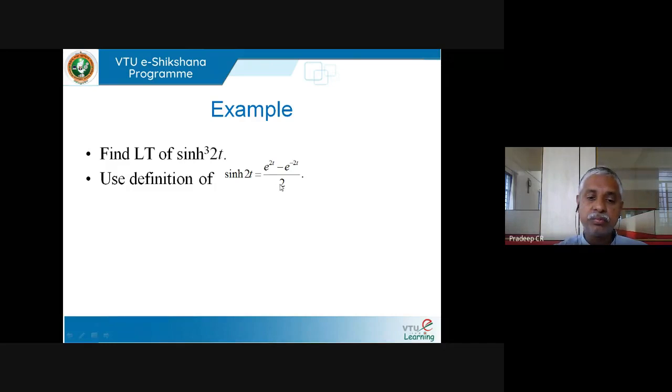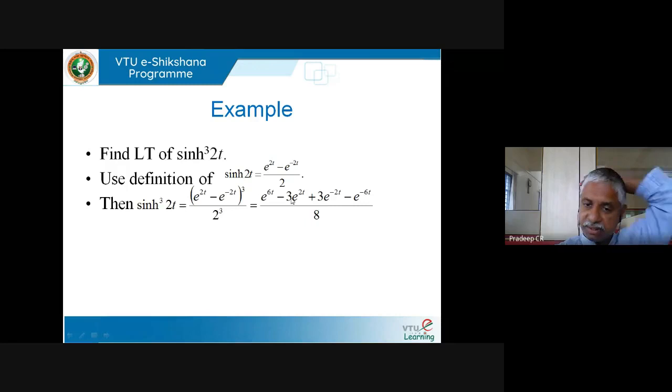So now take the cube. (a minus b) whole cube is a cube minus 3a square b plus 3ab square minus b cube. So that's what I have done here. e power 2t whole cube will be e power 6t, and for 3a square b, I have written minus 3.